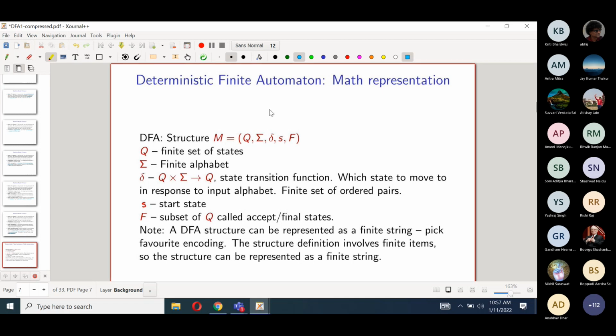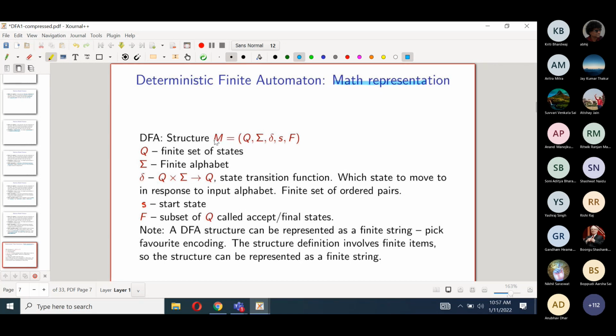So now let's look at the mathematical representation of whatever we described in words in the previous slide. You can think of a deterministic finite automaton as a tuple. You think of it as a vector.